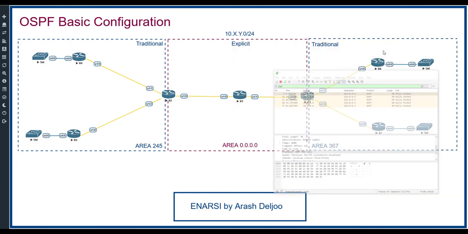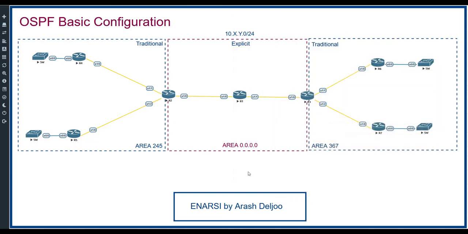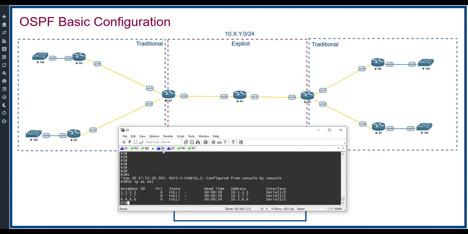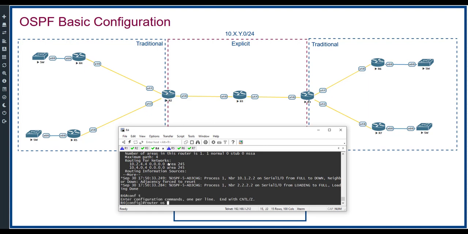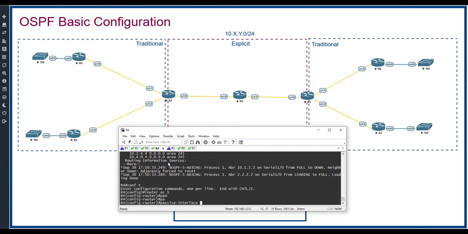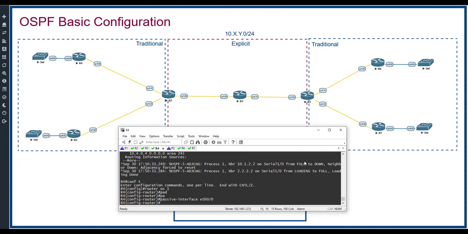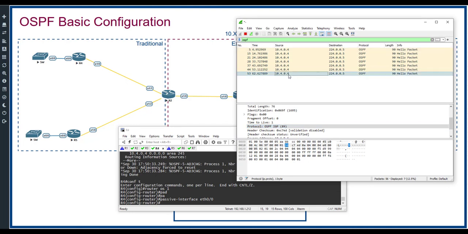Let me stop sending these hellos by configuring the passive interface on router 4. With the passive interface command, using the name of the interface: conf router OSPF 1, passive-interface Eth0/0. Now on this interface we will not see any new hello.